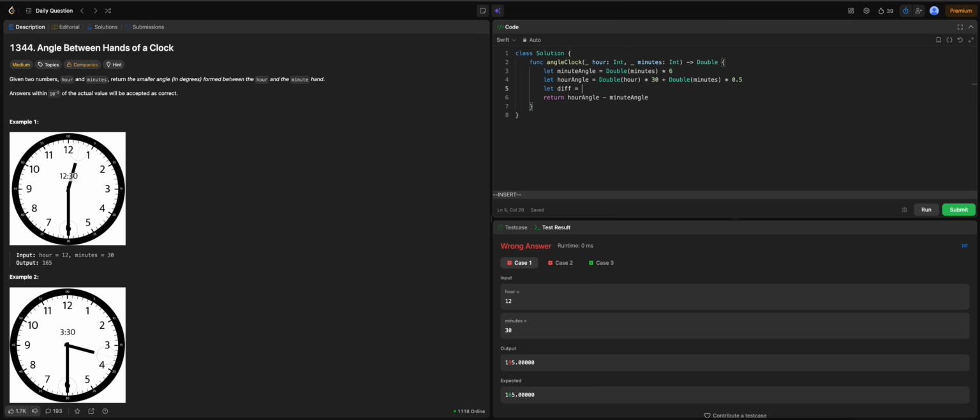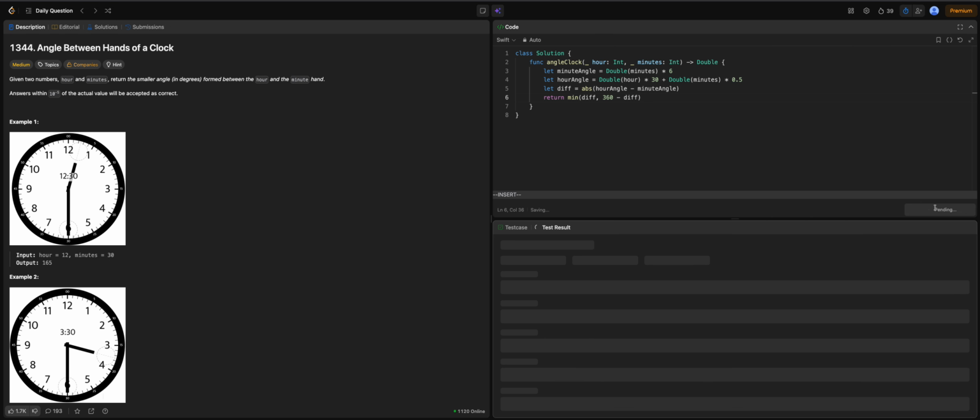Let's call it diff, where we take the absolute value of hour angle minus minute angle, and we want the minimum of diff and 360 minus diff. Yep, then that will work.